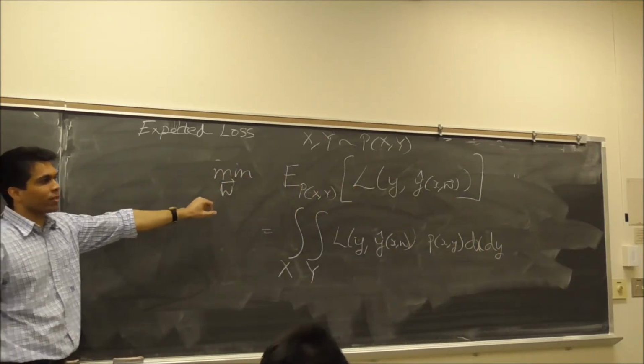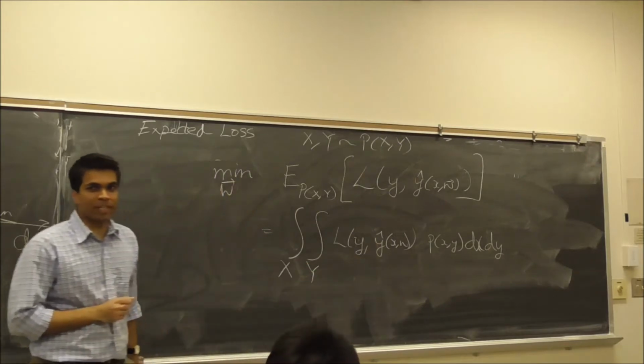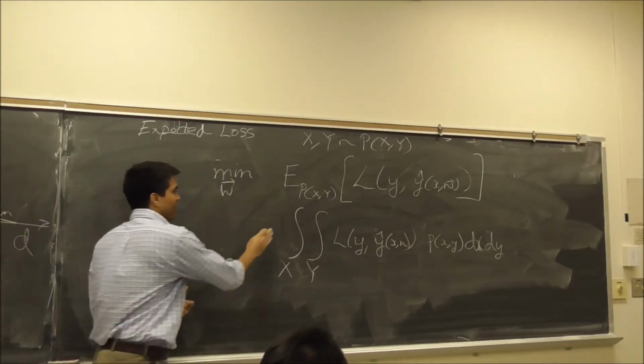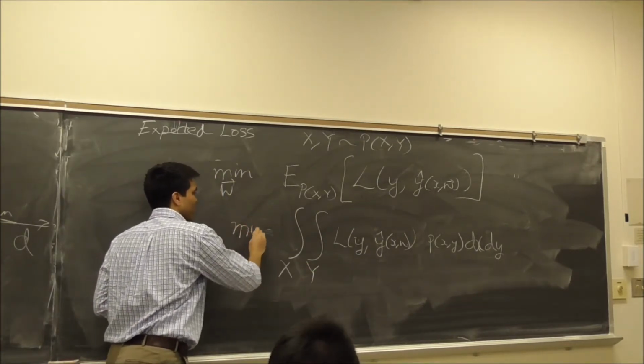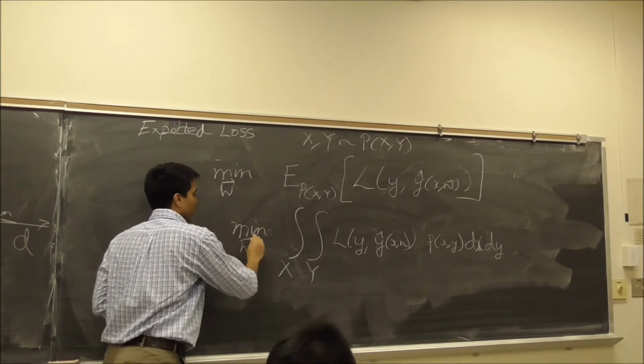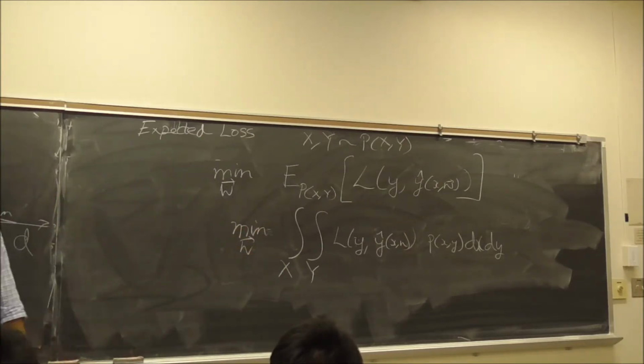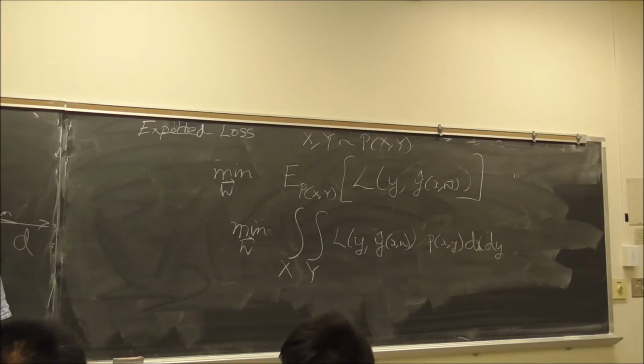Right? This is a double integral, just writing down what that expectation is. And then you're supposed to minimize this over W. Why is this a hard problem? Anybody want to tell me?